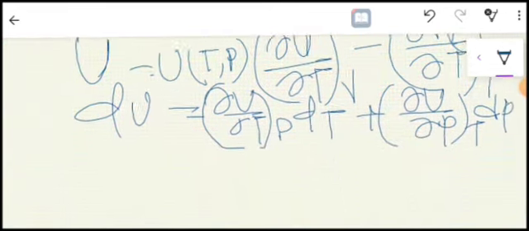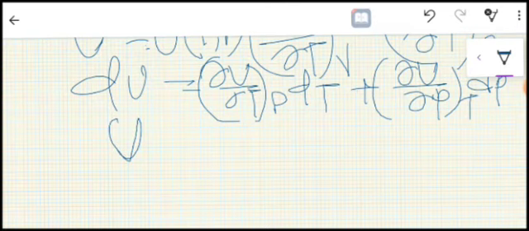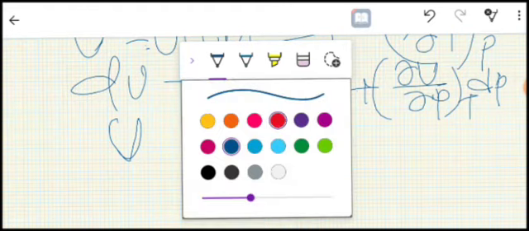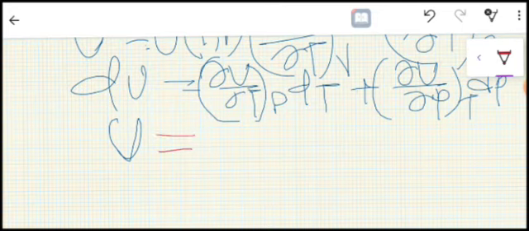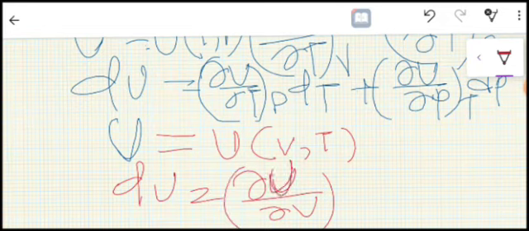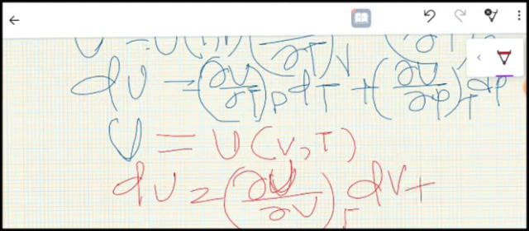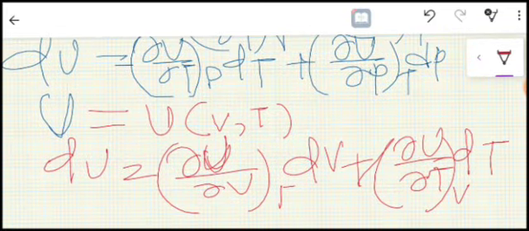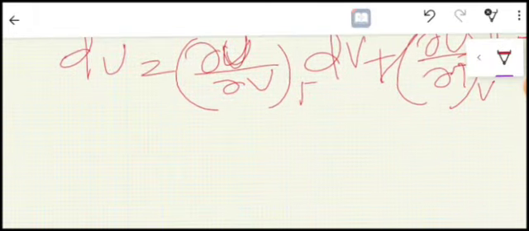And if we consider U as a function of V and T, we get dU equal to ∂U/∂V at constant T dV plus ∂U/∂T at constant V dT.